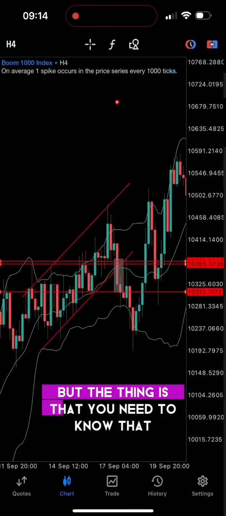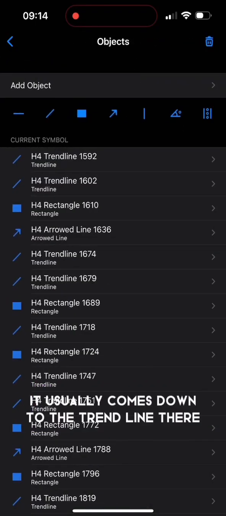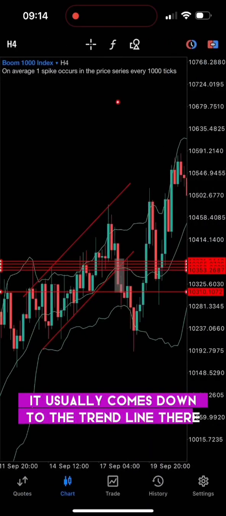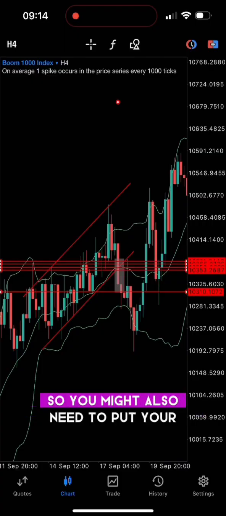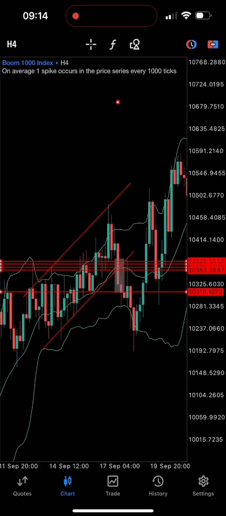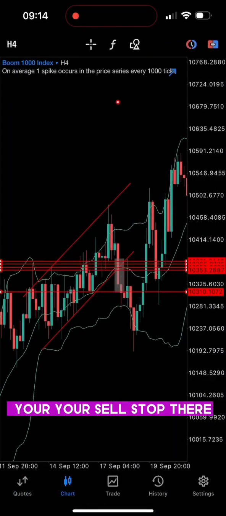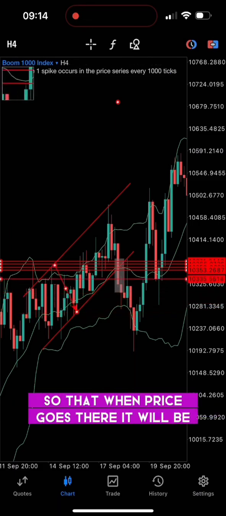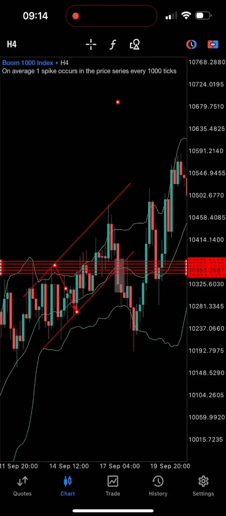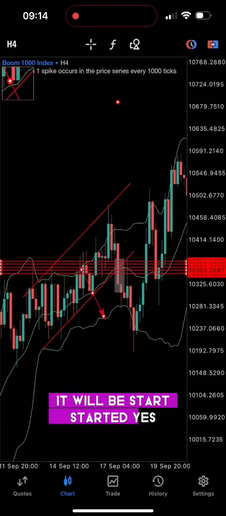But the thing is that you need to know that it usually comes down to the trend line there, where I'm putting many lines there. So you might also need to put your sell stop there, so that when price goes there, it will be started.